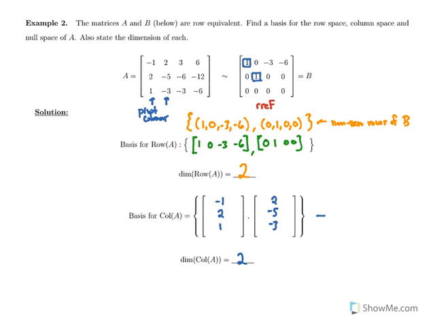And again, these vectors are the pivot columns of the original matrix A.